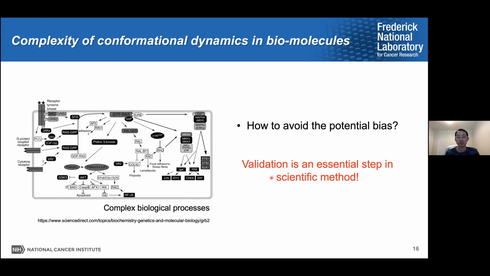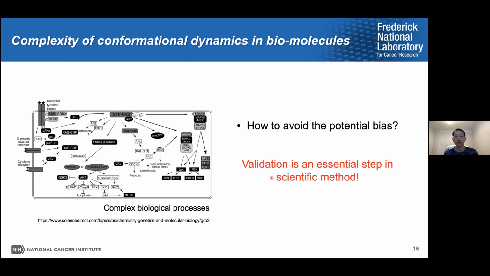The fact is, the biological processes are complex, and that's the fact. We extract part of the system out, and then we analyze the isolated system, and we expect what we see is what we want to see or represents a certain biological function. So we need to avoid the potential bias.